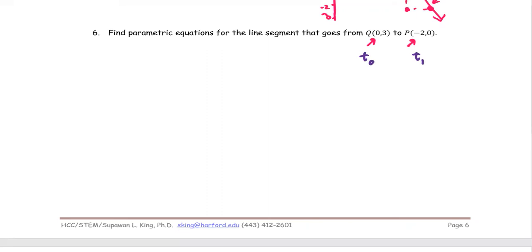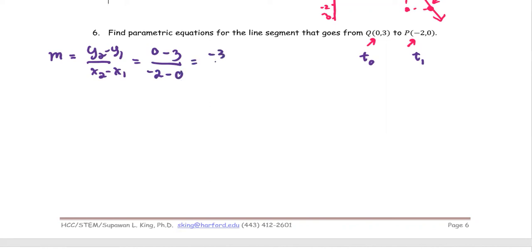To find the parametric equation representing this line segment, start with finding the value m. m is y2 minus y1 over x2 minus x1. y2 is 0 minus y1, which is 3, divided by x2, or negative 2, minus x1, or 0.